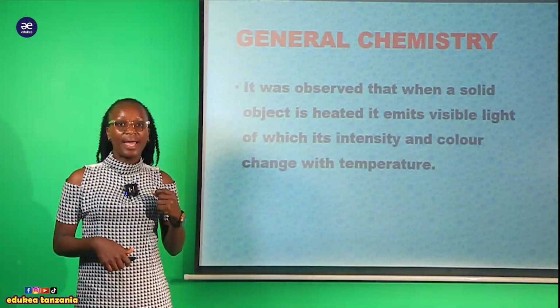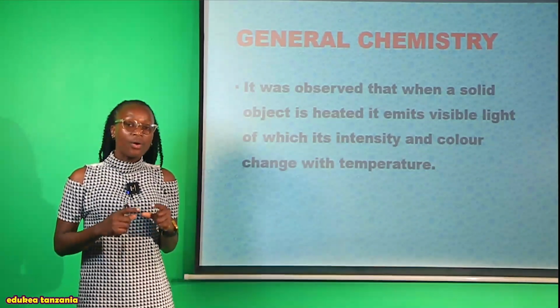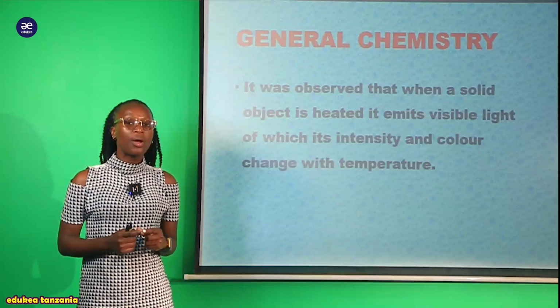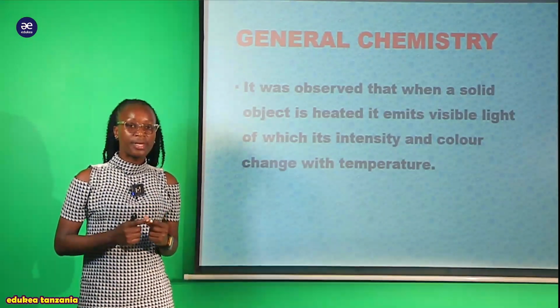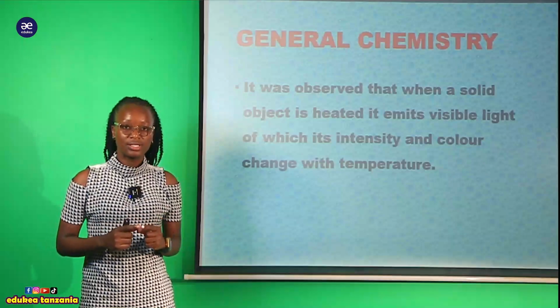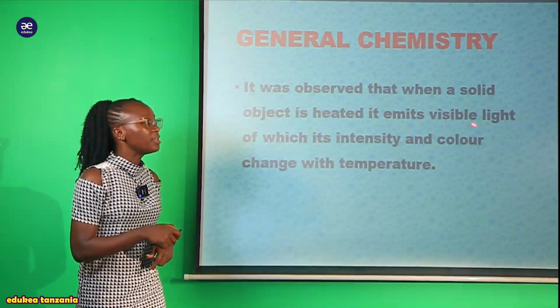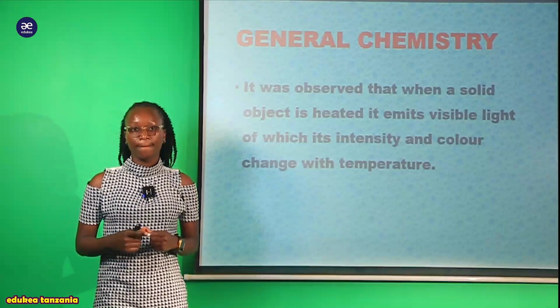So tumeona kuhusiana na emission, phenomena of emission. So how do emission occur? Tumeona kwamba ile solid object, when it is heated or it is subject to the heat source, it tends to emit visible light.